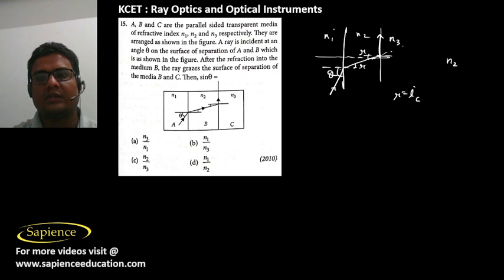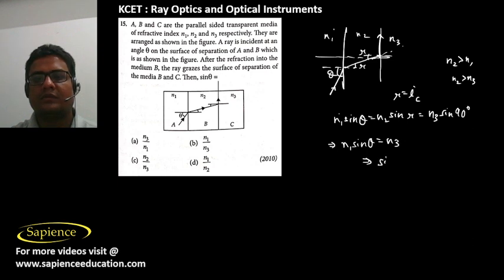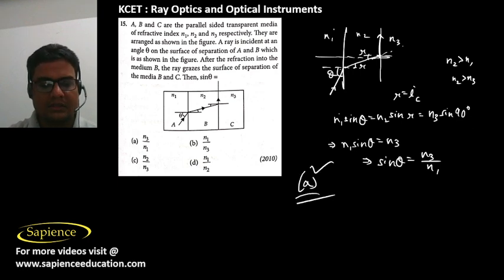Here N2 is greater than N1, since it is going from rarer to denser and then from denser to rarer, and N2 is greater than N3 also. So R is equal to the critical angle. If we apply Snell's law, we get N1 into sine theta equal to N2 into sine R, which is also equal to N3 into sine 90. So N1 sine theta is equal to N3. Therefore sine theta is N3 by N1. So option A is the correct answer.